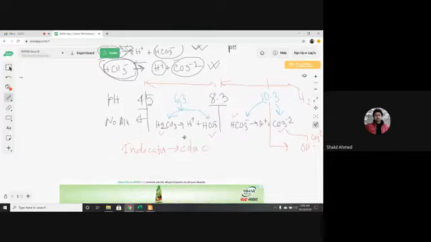The indicator changes its color to show the end point of the reaction.